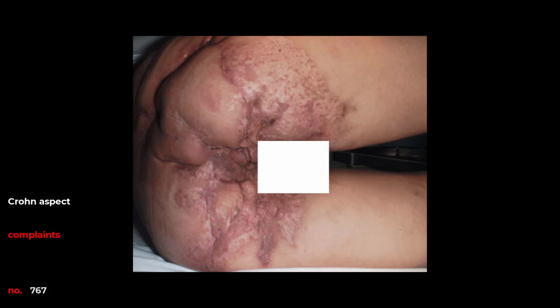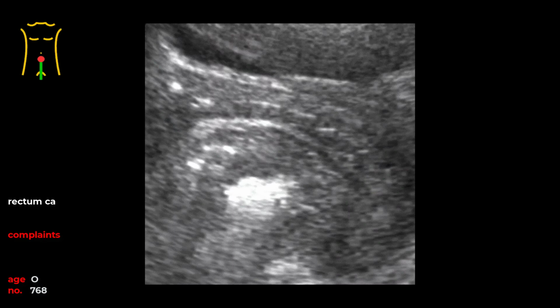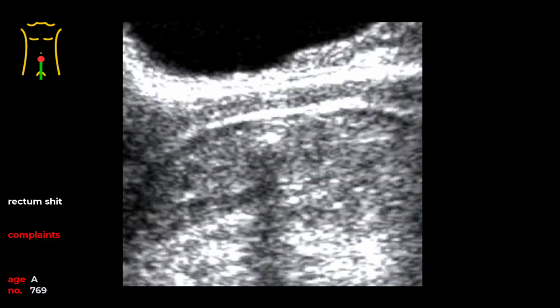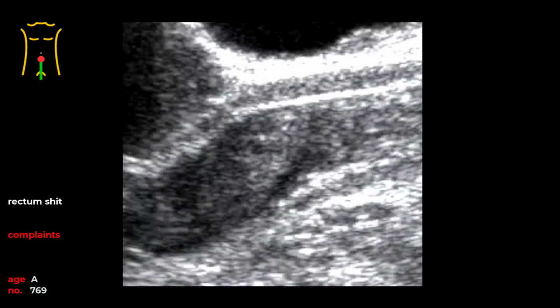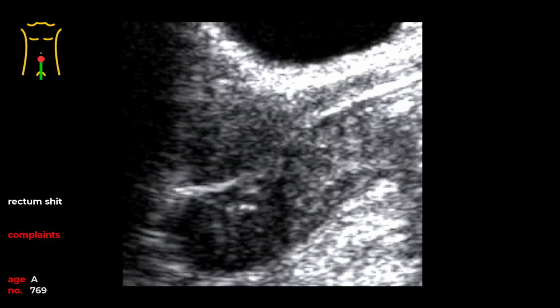In 767, we found another pararectal abscess in severe Crohn. 768 shows another rectal carcinoma with local metastasis. Whereas 769 shows simply stool in the rectum.